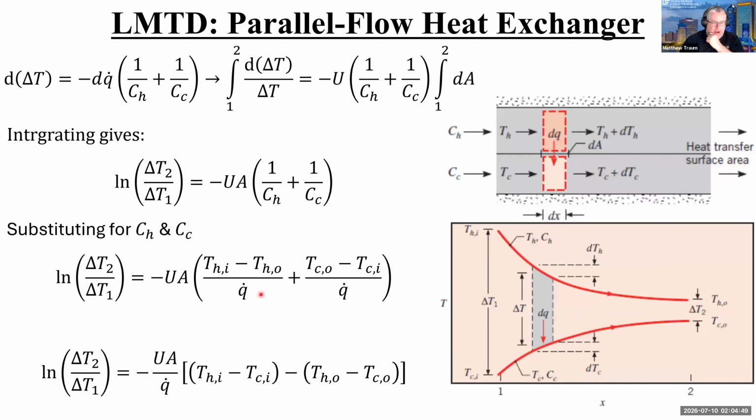And then I'm just going to rearrange all of these temperatures so that I have all the inlet temperatures bunched together and then all the outlet temperatures bunched together, right? Which makes sense because those are my delta T's, right? So delta T1 is high temperature at the inlet minus cold temperature at the inlet, and delta T2 is the high temperature at the outlet minus the cold temperature at the outlet. So I just have to rearrange a bunch together in that way.